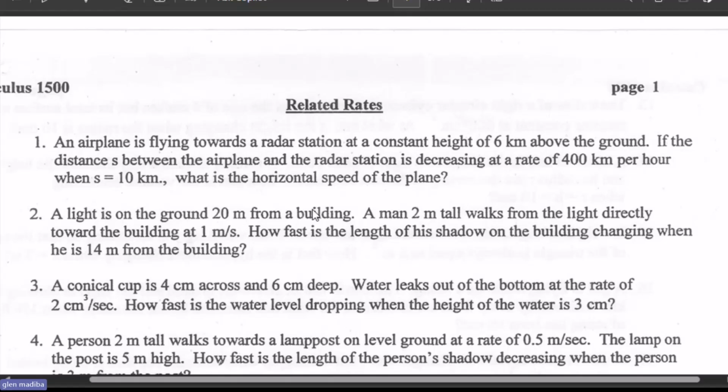How fast is the length of his shadow on the building changing when he's 14 meters from the building? What are they looking for? Just take a guess. The hypotenuse? No. The length of his shadow.